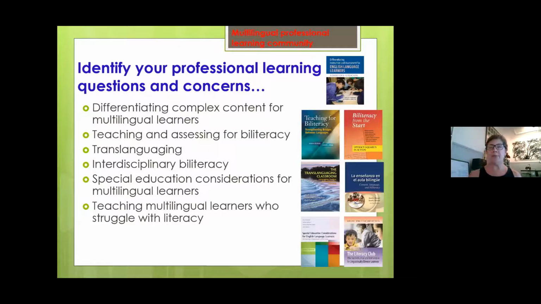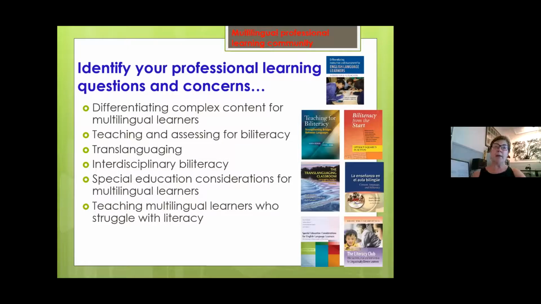Another very popular book that we have is Biliteracy from the Start, by Kathy Escamilla and her colleagues. What this one does is show exactly what we mean by a holistic model of biliteracy and how teachers need to be assessing bilingual learners and bilingual programs using Spanish and English side by side, never one or the other in isolation. So you really get a picture of what kids can do.